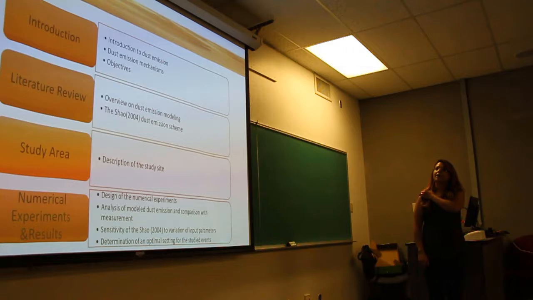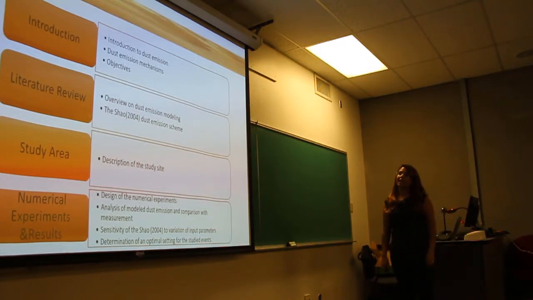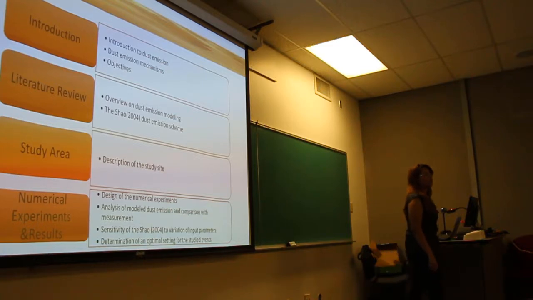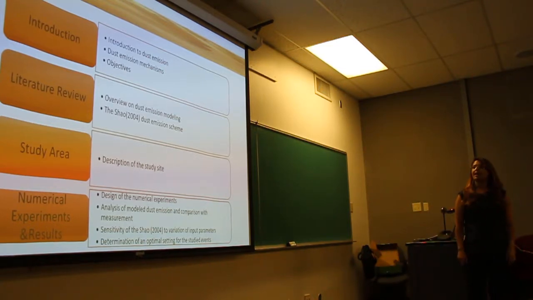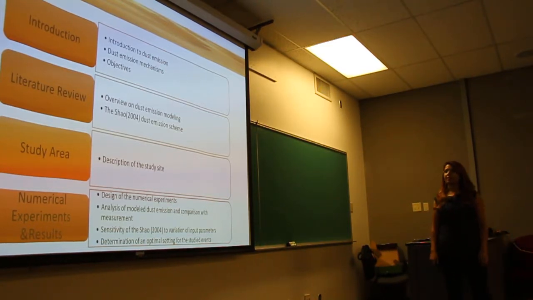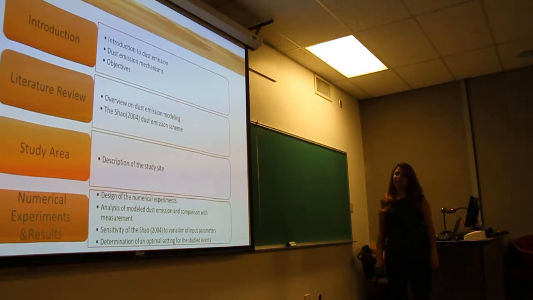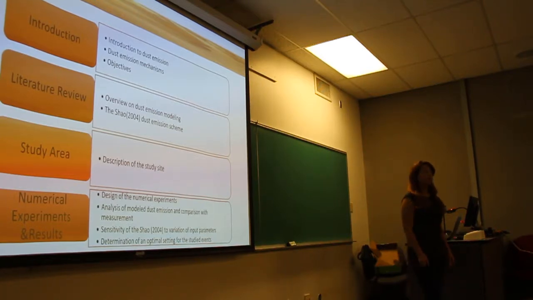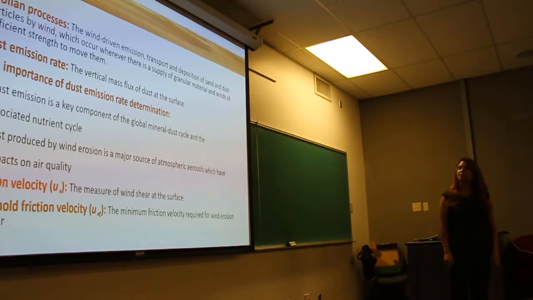First of all, I'm going to go through some definitions, and then talk about dust emission mechanisms and the objectives of the project. Then I'm going to talk about the studies that have been done in this area, take a quick look at the study area, and talk about numerical experiments and results.